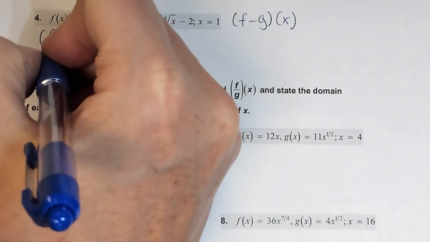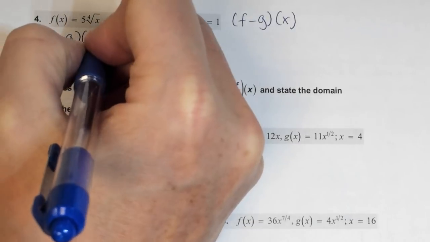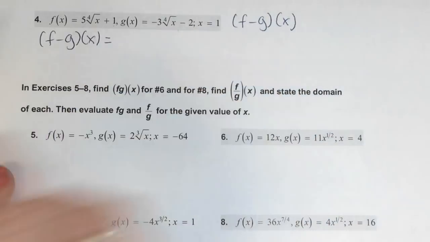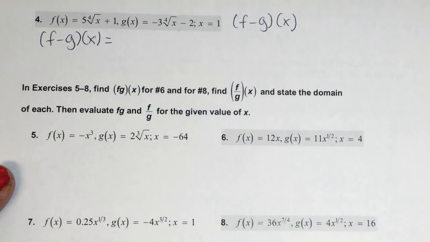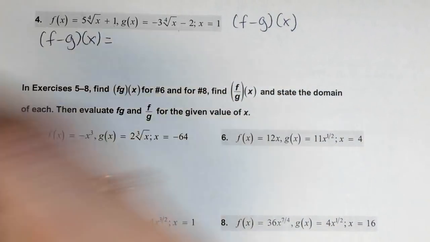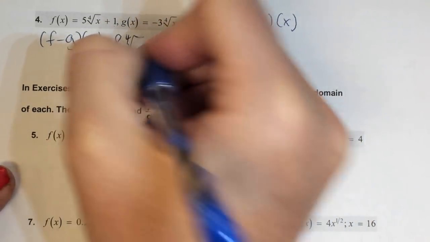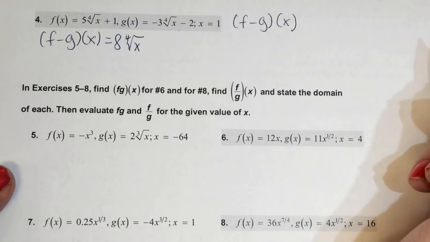Think about it. Anybody know? What's it going to be if I do this function minus this one? Go ahead, Nate. 8, 4 through x, plus 4. No, sorry, plus 3. Yep.